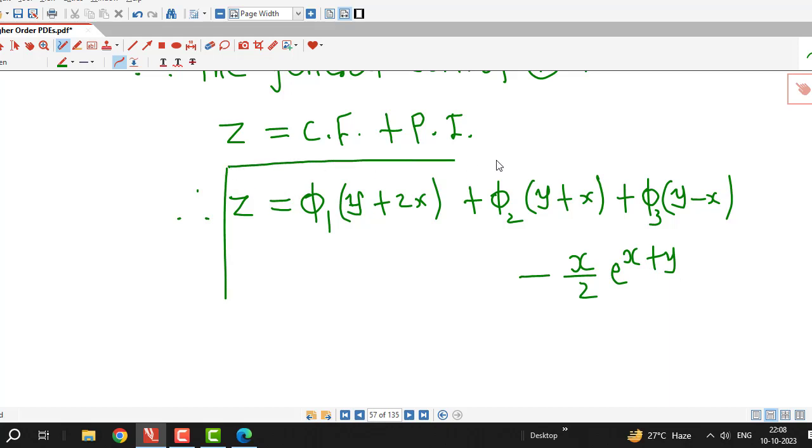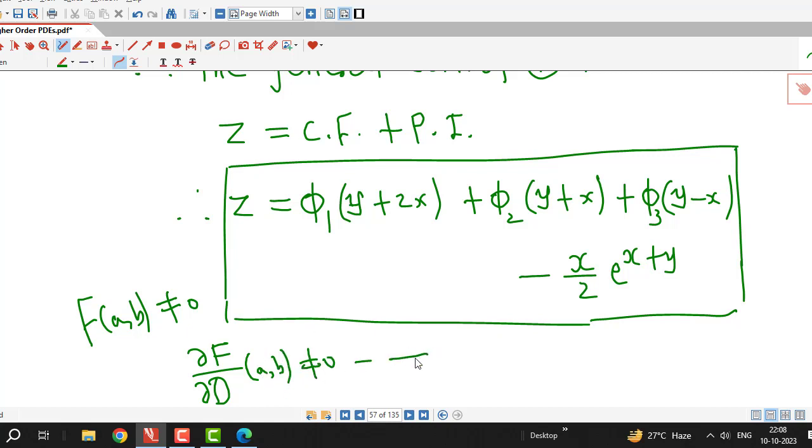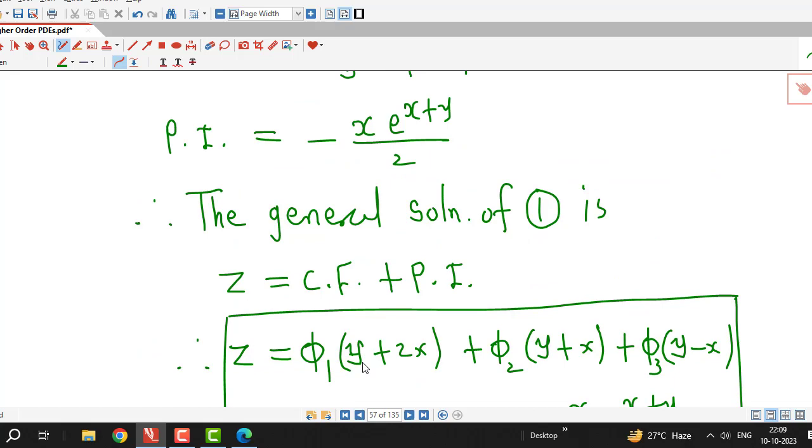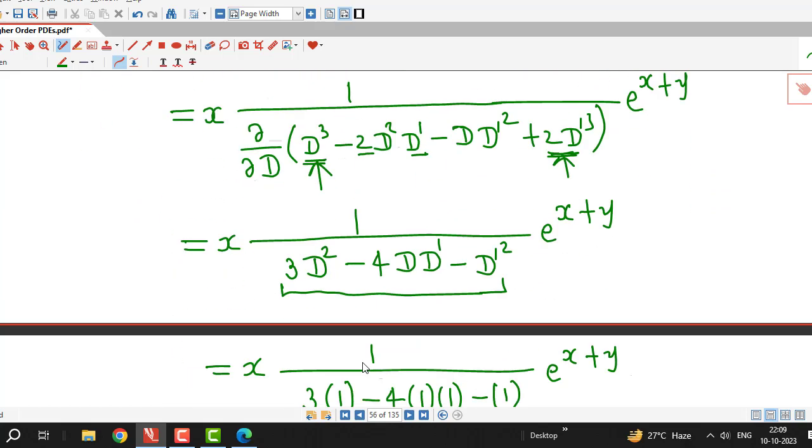So we can see the power of shortcut methods. All we have to decide is whether F of (a, b) is non-zero. If it is 0, then whether the first order partial derivative of F at point (a, b) is non-zero, and we have to keep on checking for this non-zero derivative. And once we obtain a non-zero value, we stop and we put D equal to a and D dash equal to b.